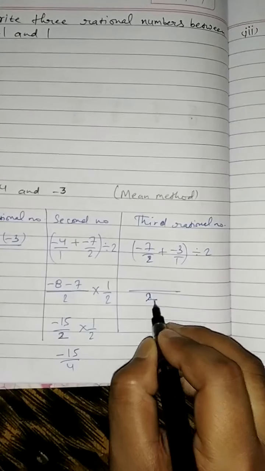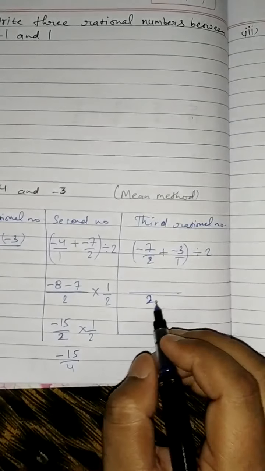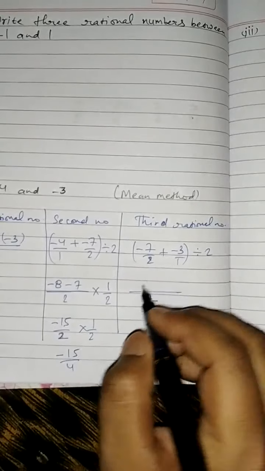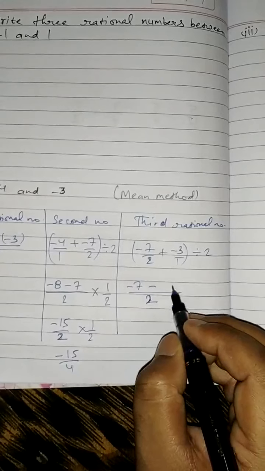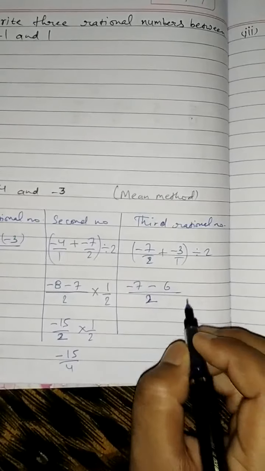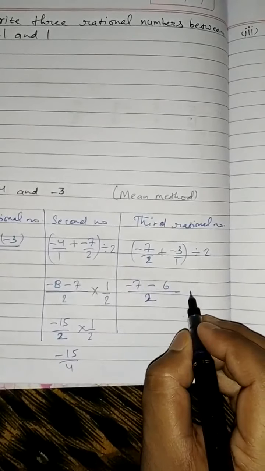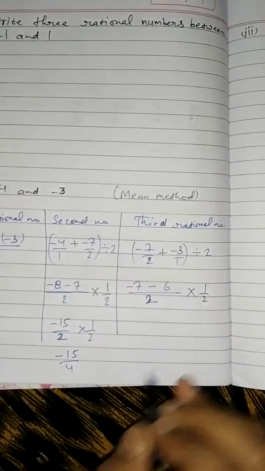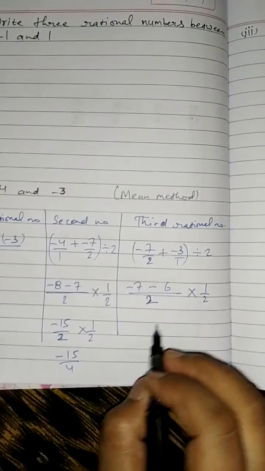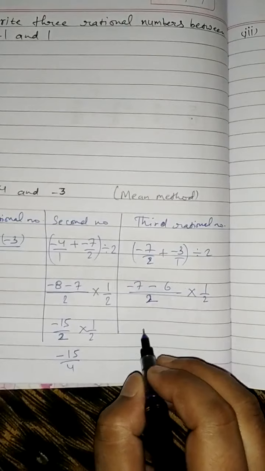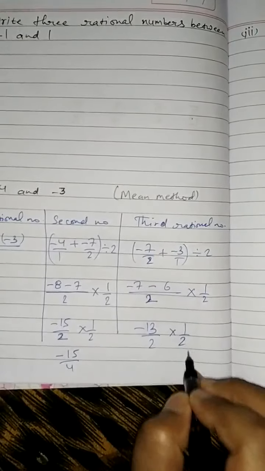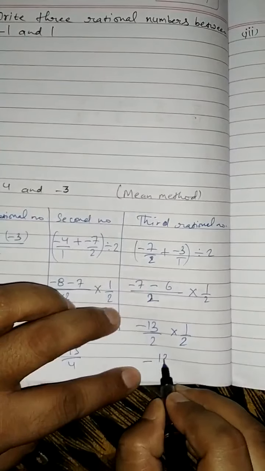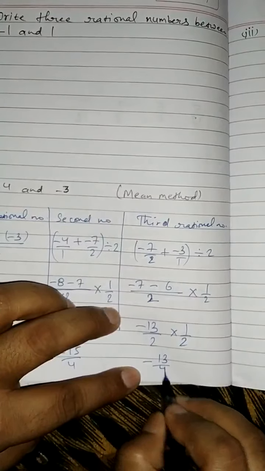This is 2. 2 7s are 14, sorry, 2 1s are 2, 7 is 7, and plus into minus gives you minus, and 2 3s are 6. Divide by changes into multiplication, and we got minus 1 upon 2, sorry. This is 7 and 6 gives you 13. Minus 13 upon 2. Multiply by 1 upon 2. You got minus 13 upon 4.